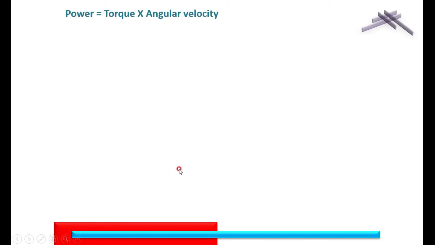Then we know that power can be expressed in terms of torque and angular velocity: power is equal to torque into angular velocity. The angular velocity omega, measured in mechanical radians per second, is equal to 2 pi ns by 60.